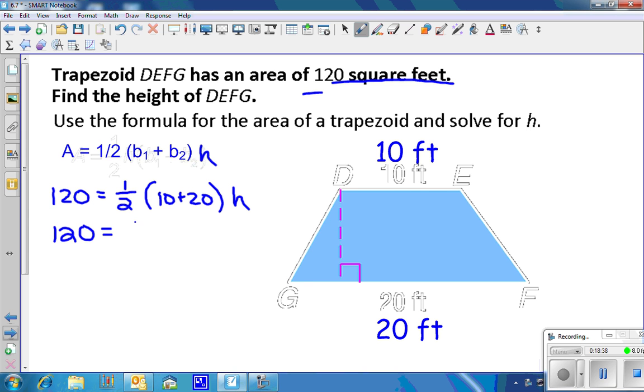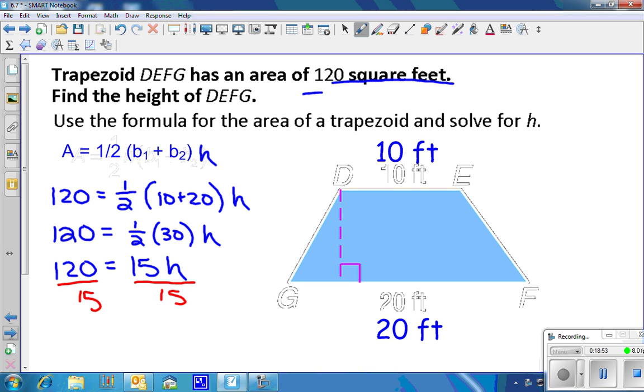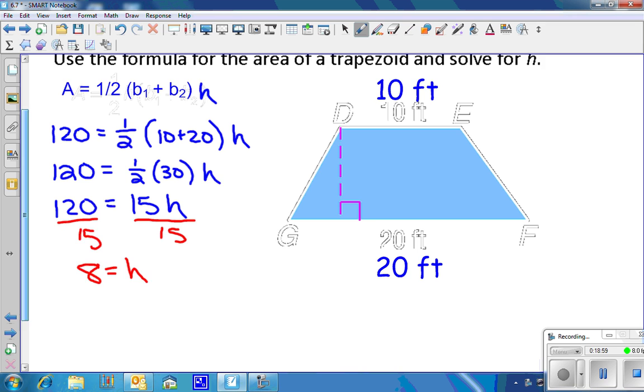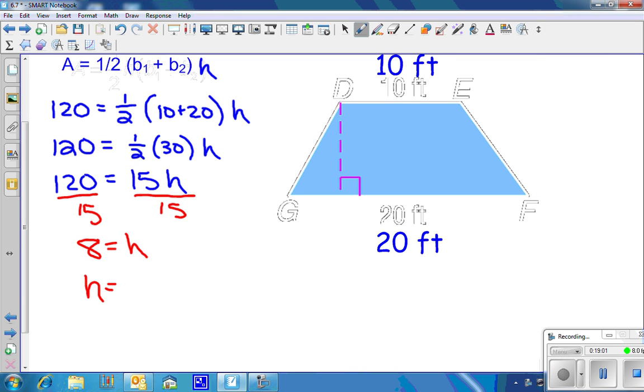To simplify, half of 30 times the height. What's half of 30? 15. How do you get rid of 15 times h? Divide by 15. So 120 divided by 15. So the height is measured in what unit? 8 what? Feet.